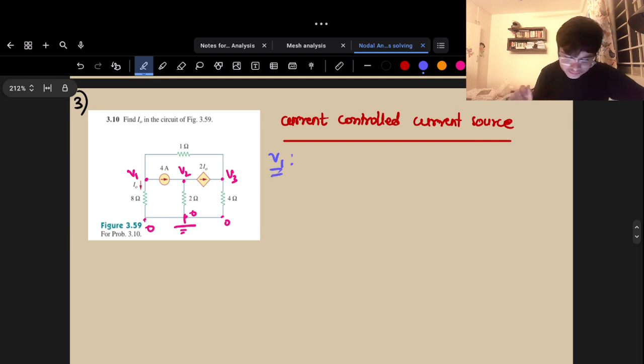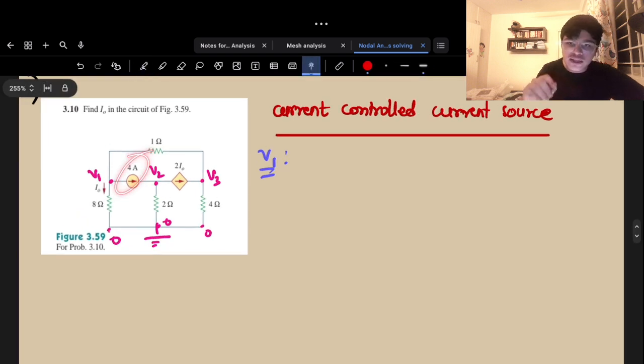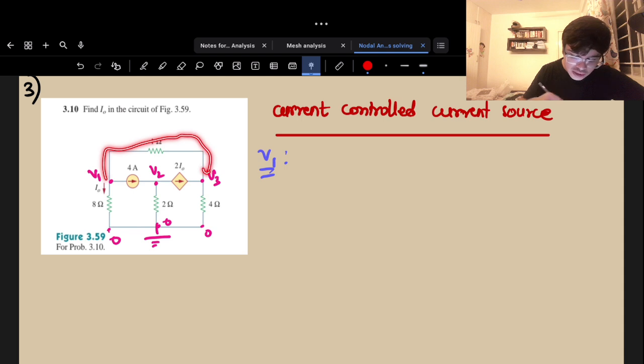Let's start from V1. I already know one current that is leaving, the numerical value of the current, so I don't need to write an expression for this. I need an expression for this and this. Let's write the expression.